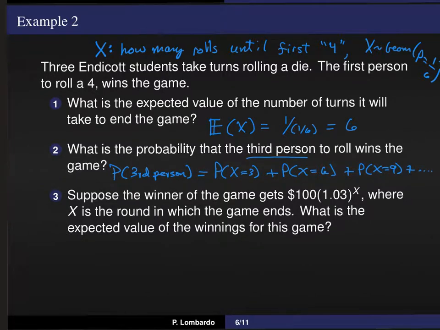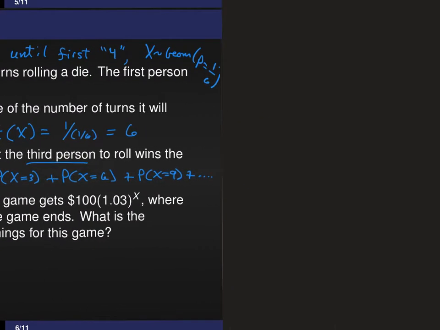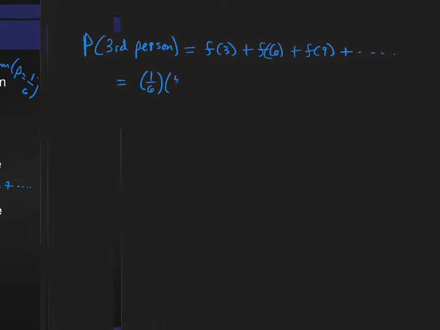Okay? And generally speaking here, when we're looking at all these probabilities, we're just using our PMF values. So this would be f of 3 plus f of 6 plus f of 9 plus ... And according to our PMF, we would have 1/6, our probability of success, times 5 out of 6 squared.